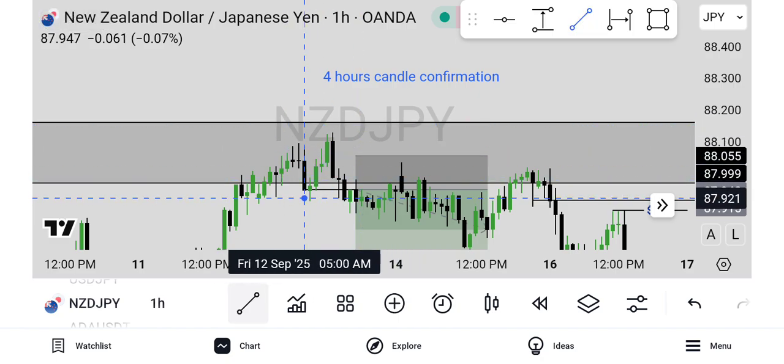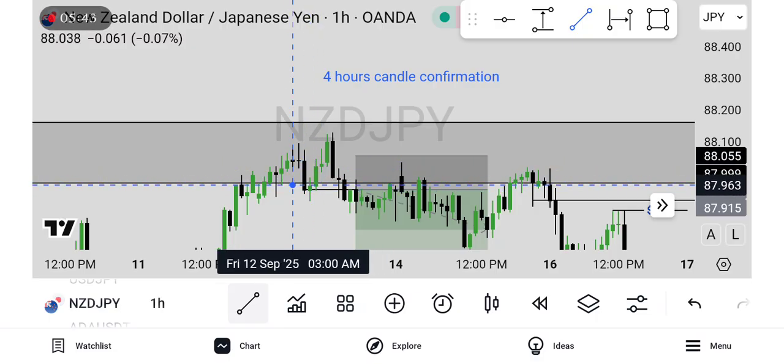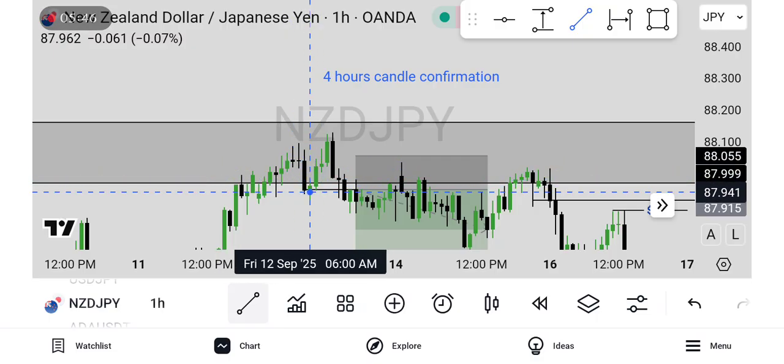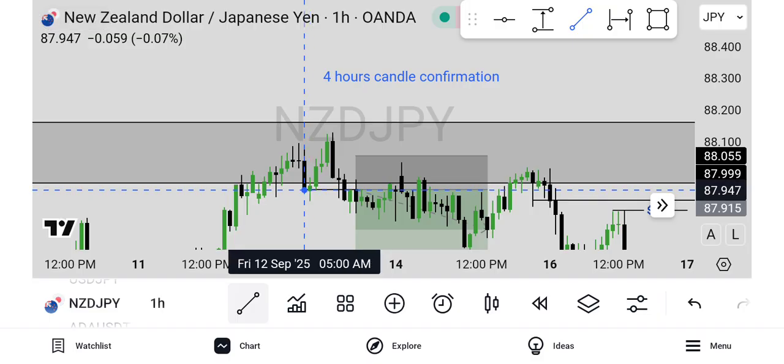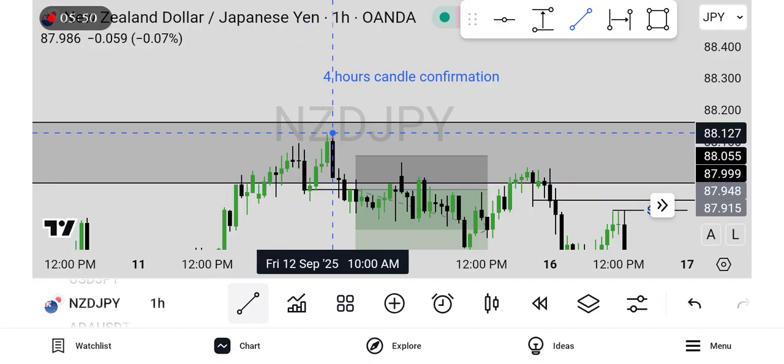Let me use the trend line. So this place here is my little order block that broke structure.